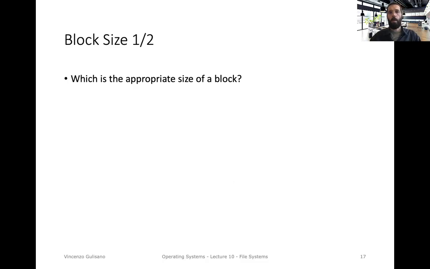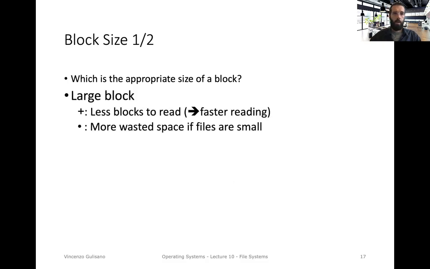So now the question is, fine, let's use blocks instead of bytes. How big should a block be? If the minimum unit, the block, is all you can read or write, and you choose a very large block, the good thing is that you don't need to read or write a lot of blocks when you have to store or read something.